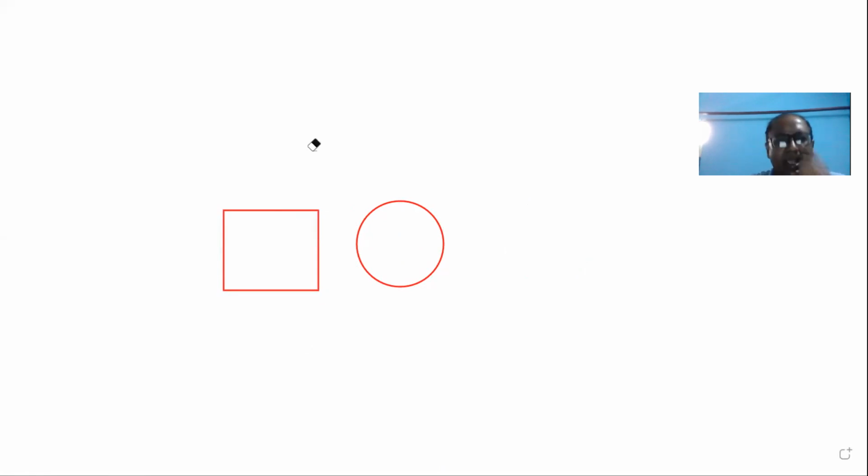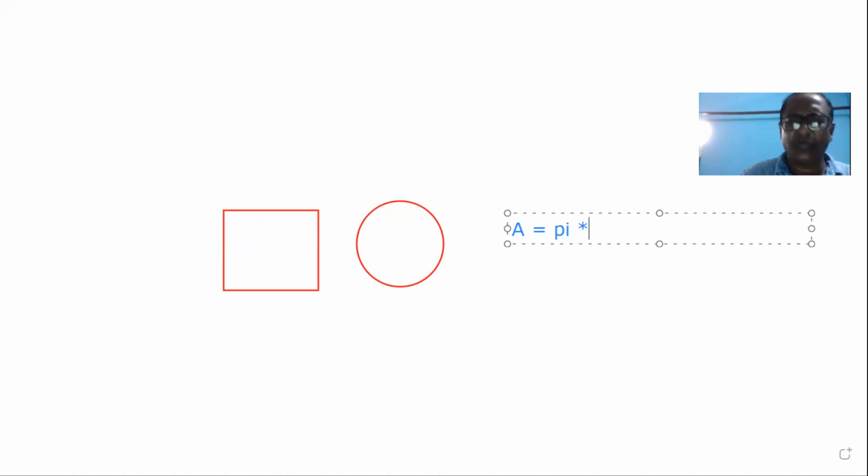Both columns have the same area. Same area means, in the circular case, what will be the area? Pi times r squared, right? And for the square one, if each side is A, you can say A times A, or A squared.